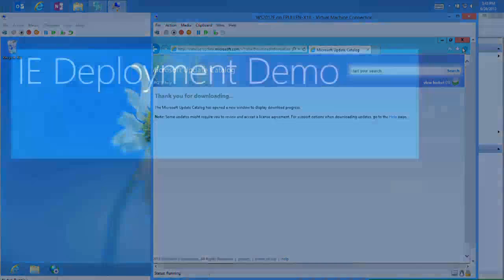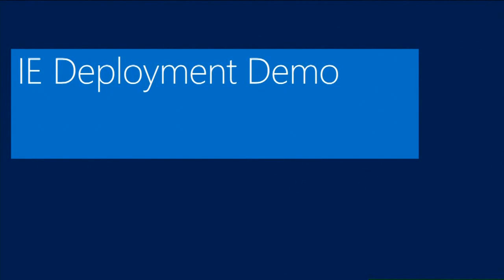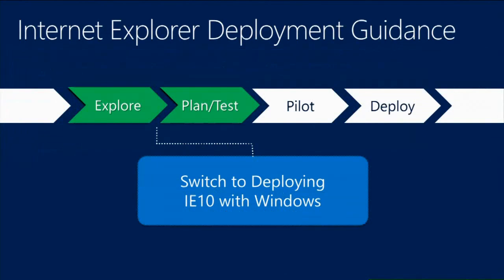All right, let me switch back. So, some specific guidance, and I do have an announcement to make. If you're relatively early in deploying or exploring, planning, testing your deployment, and you've been planning so far using Internet Explorer 9, you may wish to think about switching to deploying with Internet Explorer 10, or Internet Explorer 11, because I got permission to announce that Internet Explorer 11 will be available on Windows 7.